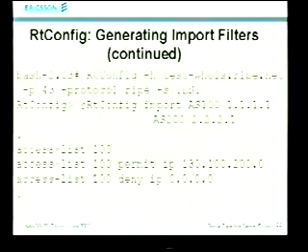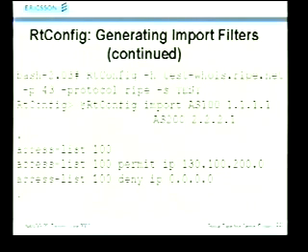I think this is Cisco format, but you can choose other formats, gated, and so on. So if you look carefully, you'll see this is generating an import filter for AS100. AS100 is importing this route from AS200. So it generates this access list here.